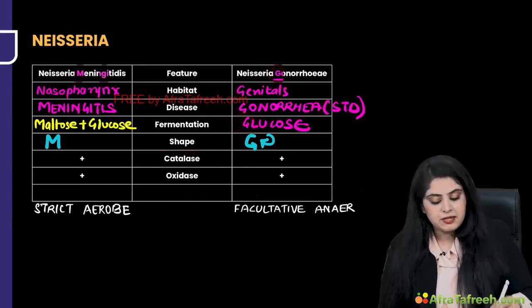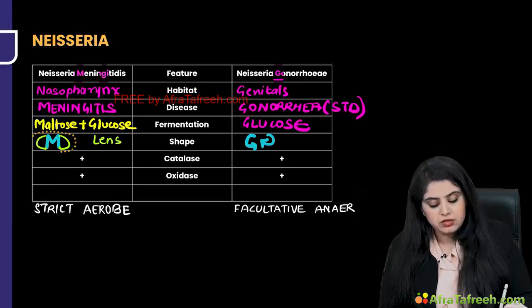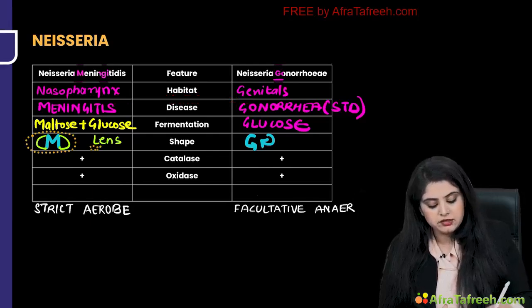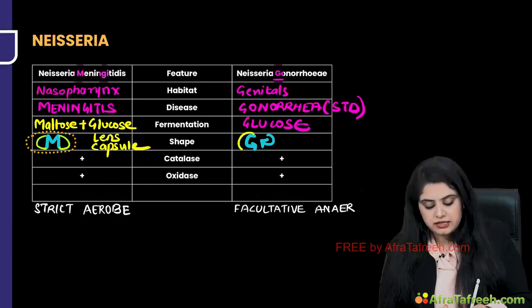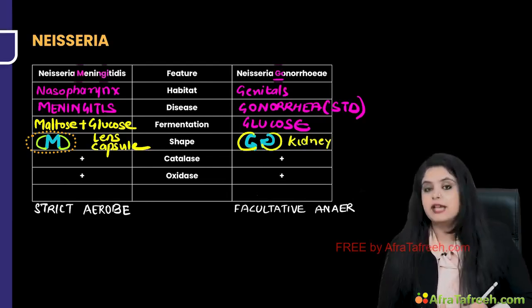Coming to the shape, meningococcus, the way you write M, you can make a lens out of it. Also, you will make a capsule around it. This means meningococcus is not just going to be lens shaped, it is also going to have a capsule around it. Gonorrhea, I've written one G like this and one G like this because it's going to be a kidney-shaped organism.